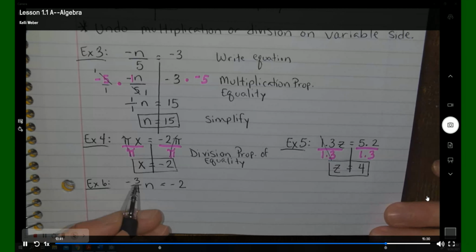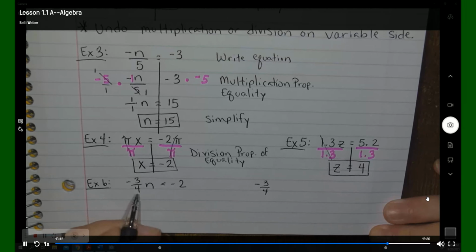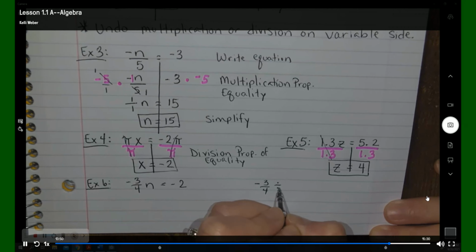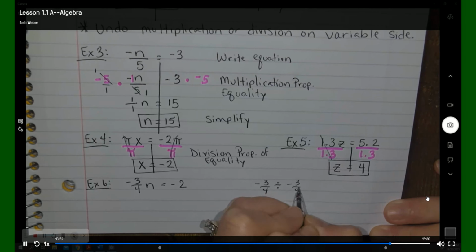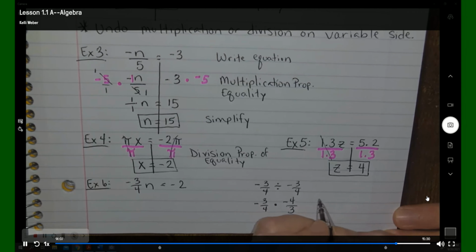When I'm dividing fractions, this is the number that is getting divided, so n can be alone. So it's like -3/4 divided by -3/4. When we divide fractions, we keep the first fraction, -3/4, change division to multiplication, and then we flip that last fraction to become -4/3. So keep, change, flip.